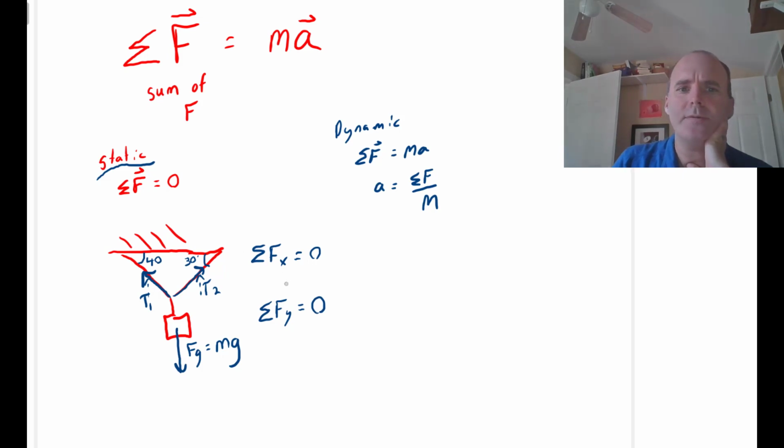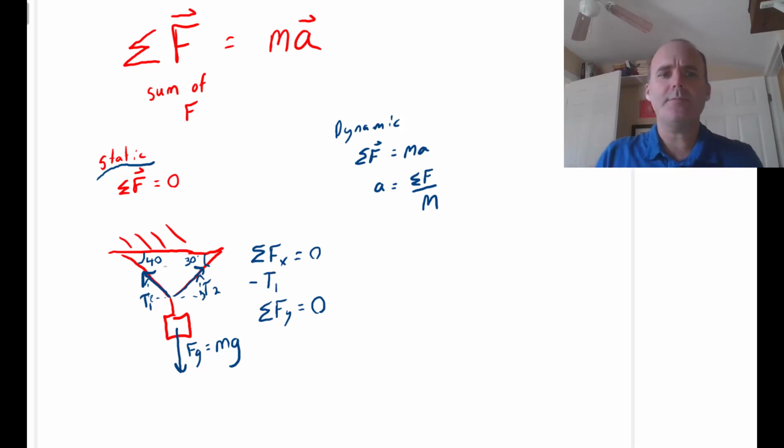If I'm summing my forces in the x direction for this specific one, I'm going to have a negative T1 because it's going to the left. But I only want the component that is adjacent to the angle. A little trick here: if this is 40 degrees, this is also 40 degrees.